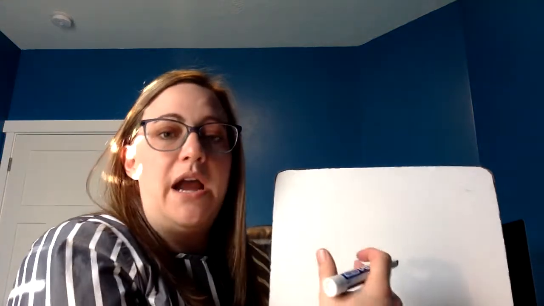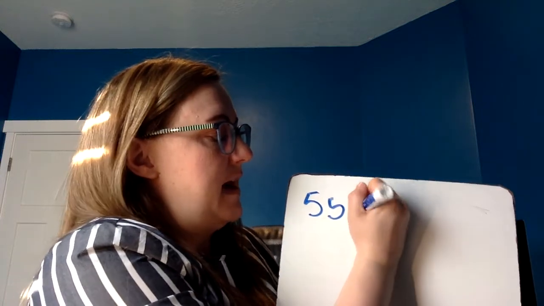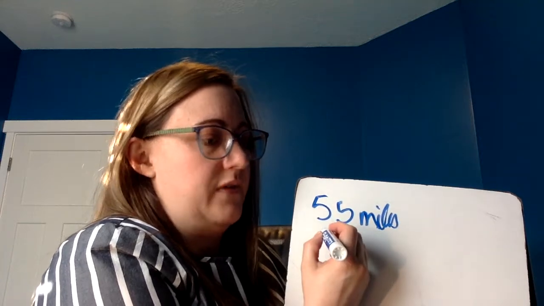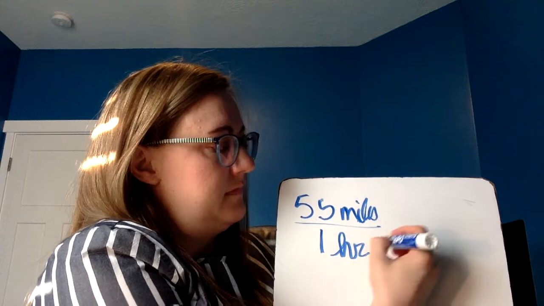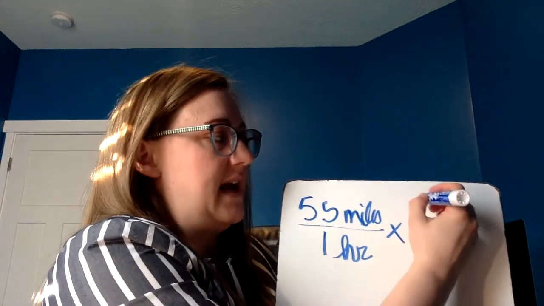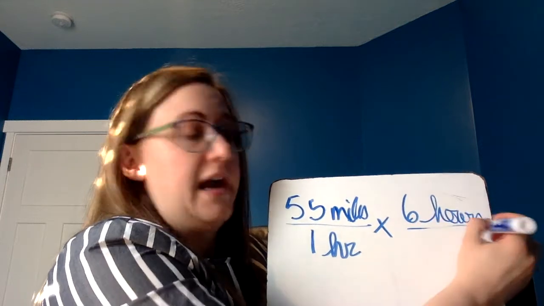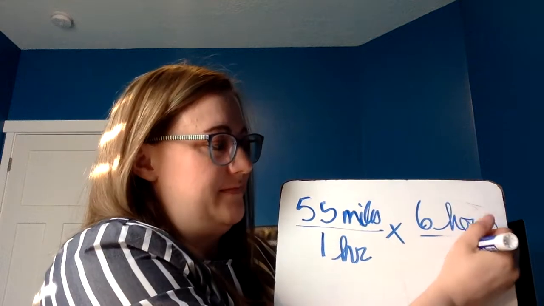So example 1, we're going to multiply 55 miles per hour by 6 hours. Okay, so we write per as a division problem. So we have 55 miles, and we're going to put that over an hour, and we're going to multiply that by 6 hours. Okay, I don't have anything underneath it, so we put 1.